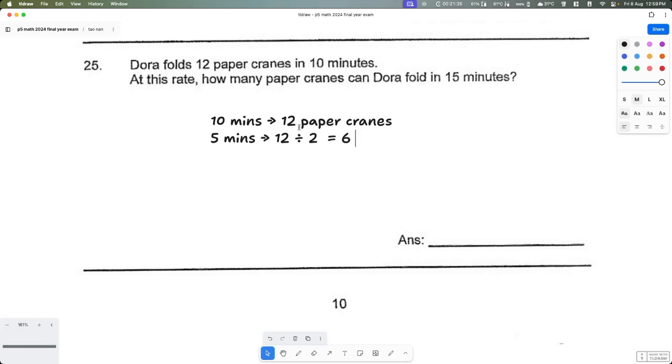And then after that, what about 15 minutes? 15 minutes is equal to 12 plus 6, which is equal to 18 paper cranes. There you go. So that's the answer, 18 paper cranes. Okay, let's move on to the next question.